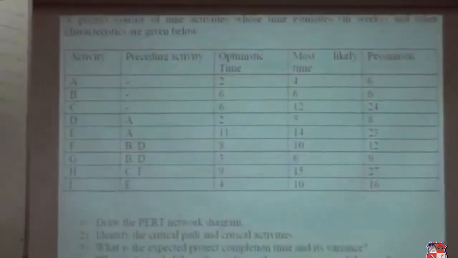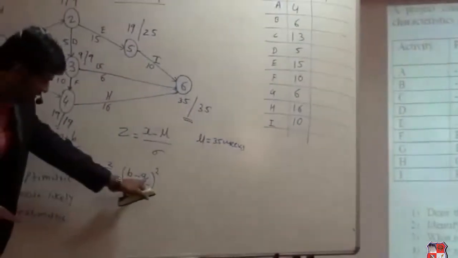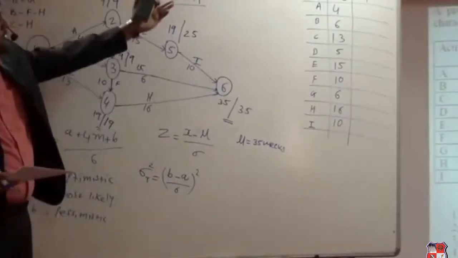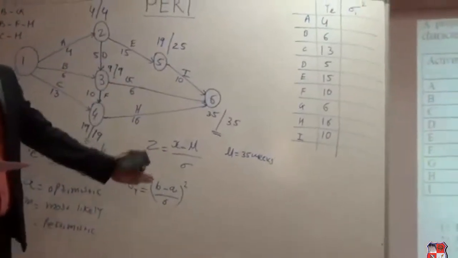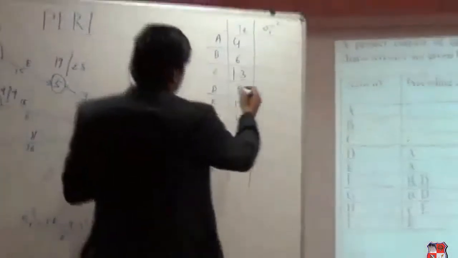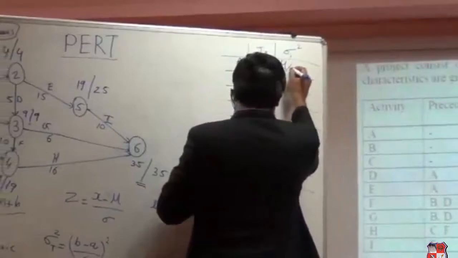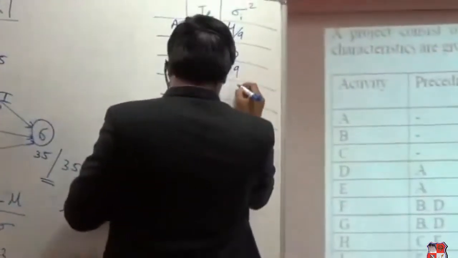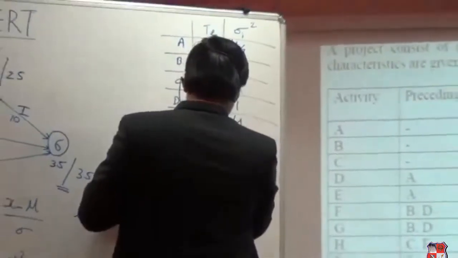So 6 minus 2, that is 4, and 4 divided by 6, all square. Right? So that I am going to write in the last column. You can find out all these variances with the calculator. So that is nothing but 4 upon 9 for the first.